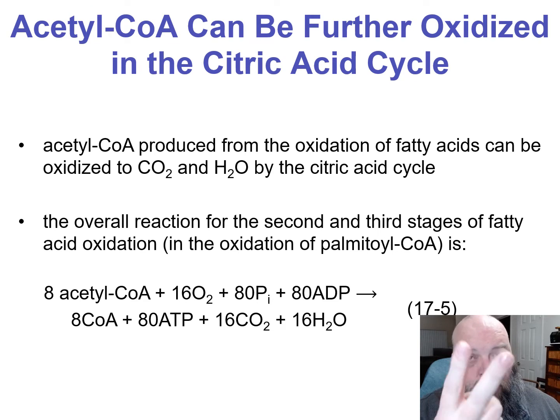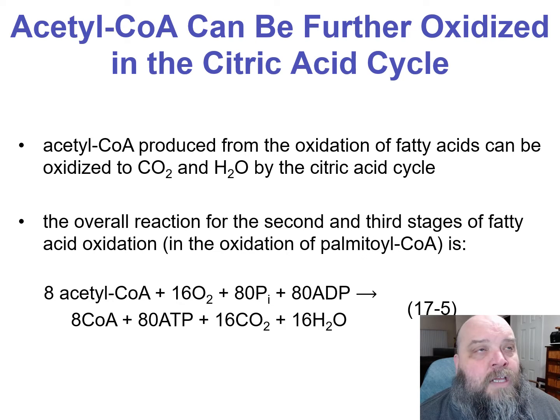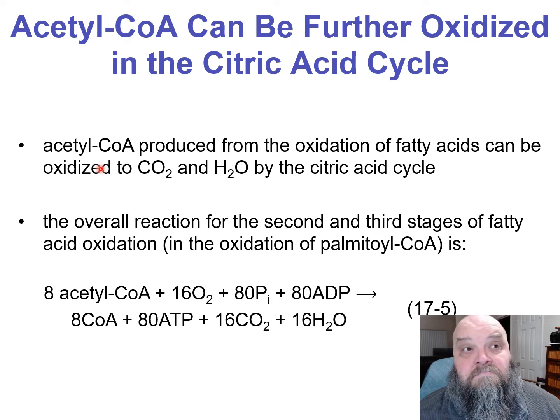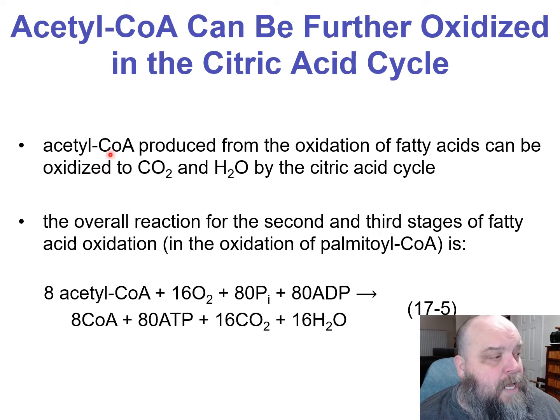So you end up with two carbons attached to a coenzyme A, which for all intents and purposes is acetyl-CoA. Acetyl-CoA can feed directly into the citric acid cycle, where it's going to be consumed, releasing carbon dioxide, water, and you're going to get a whole bunch of ATP.